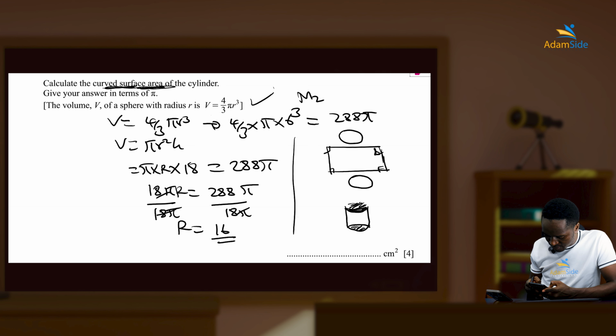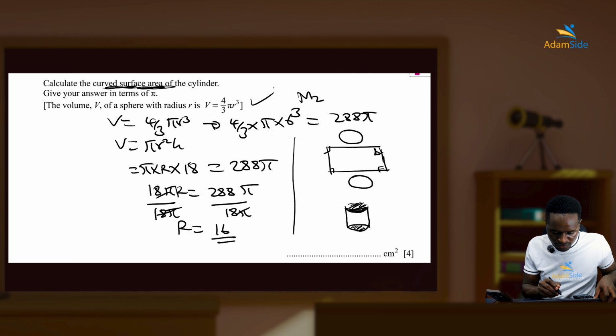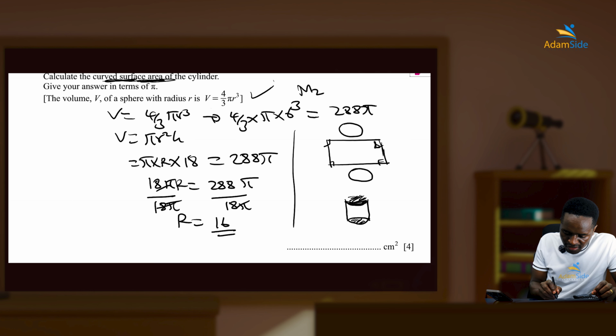They want us to leave our answer in terms of pi. So 2 times pi times the radius, which is 16, times 18. What do we get? Calculate the curved surface area of the cylinder.